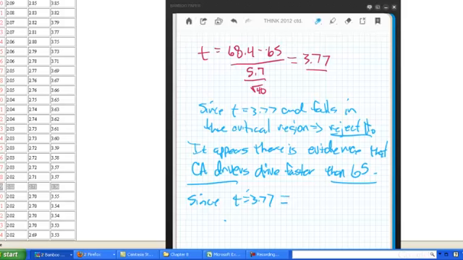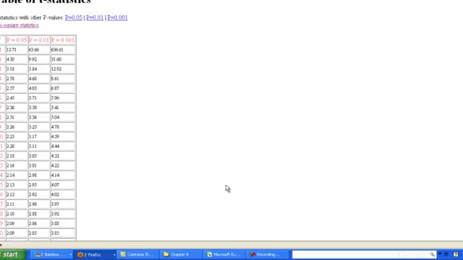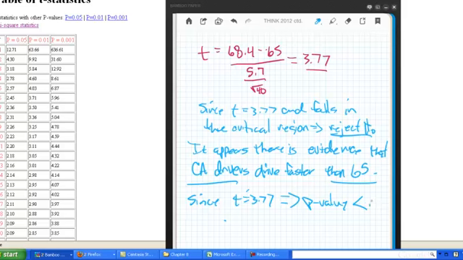So what that implies is that our p-value, remember, the p-value is the probability of getting a value at least as extreme, is less than 0.001.